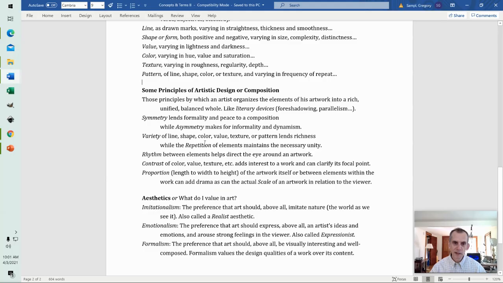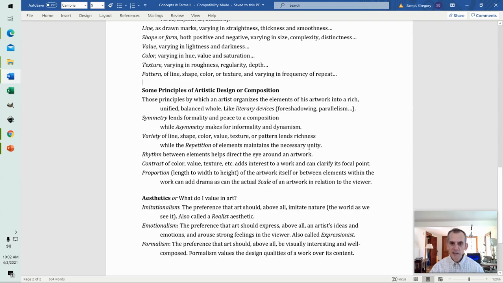Okay, so back to our list. We compose things according to ideas, or according to rules that we make up, whether we're aware of it or not. These are them, and what's important is maybe not the list as much as what they do. Asymmetry makes for informal.